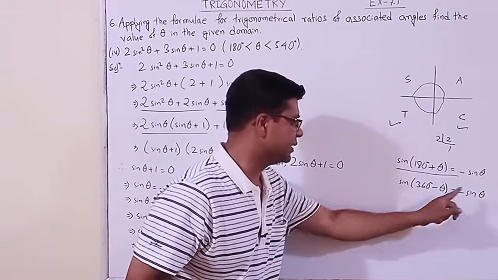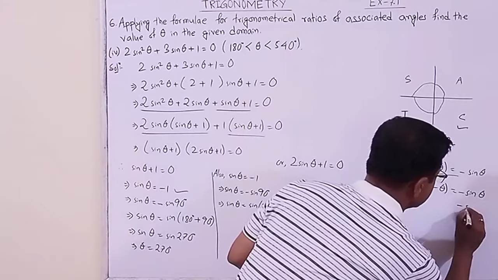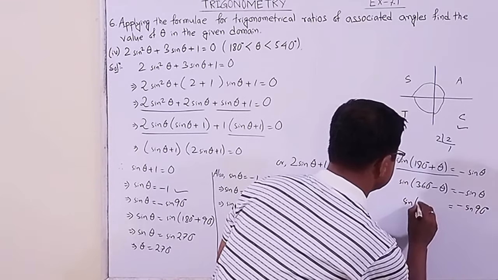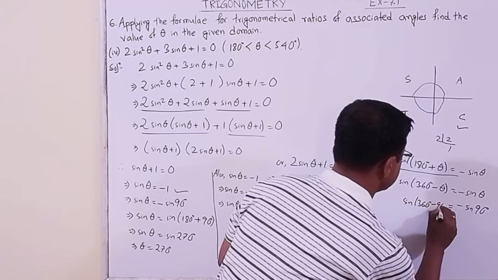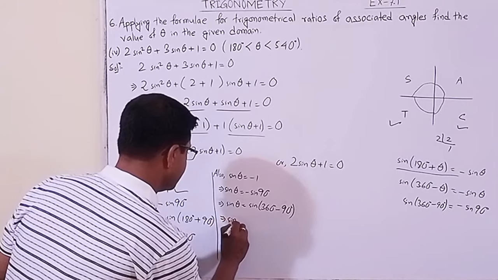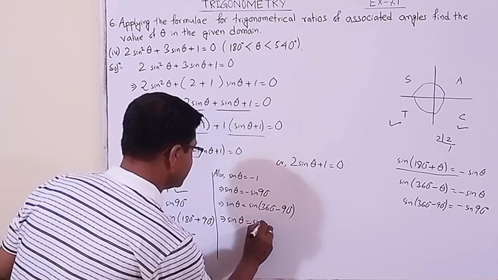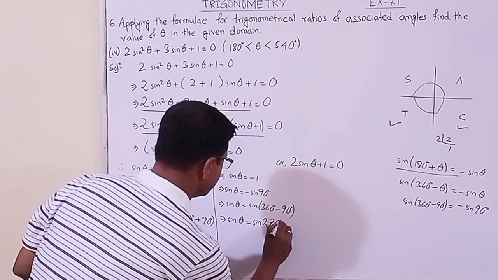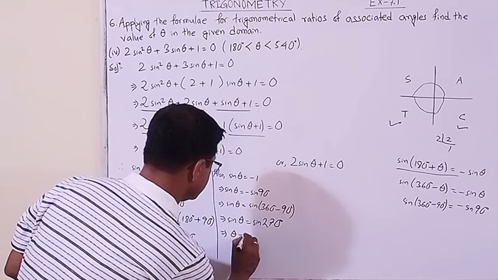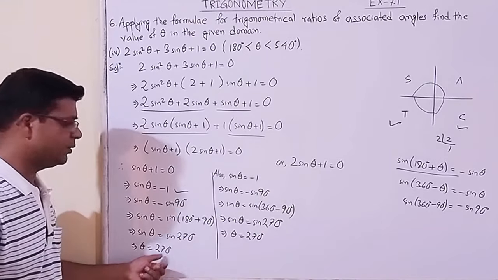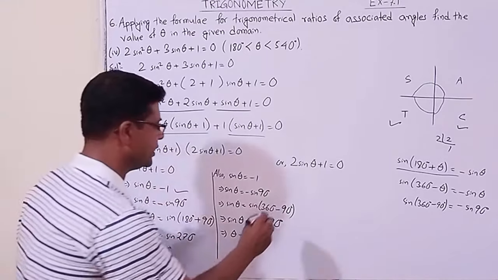Here theta is 90, so sine of 360 minus 90 degree is 270 degree. So here theta is 270 degree. In both the cases we have got theta equal to 270 degree.